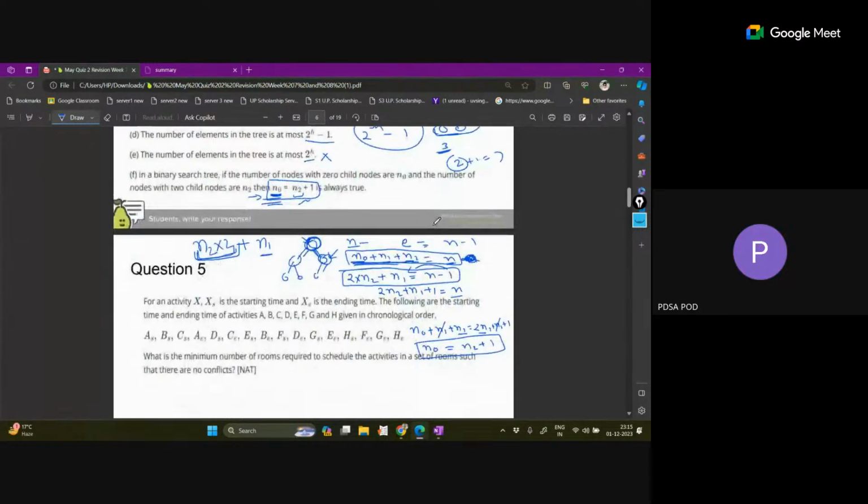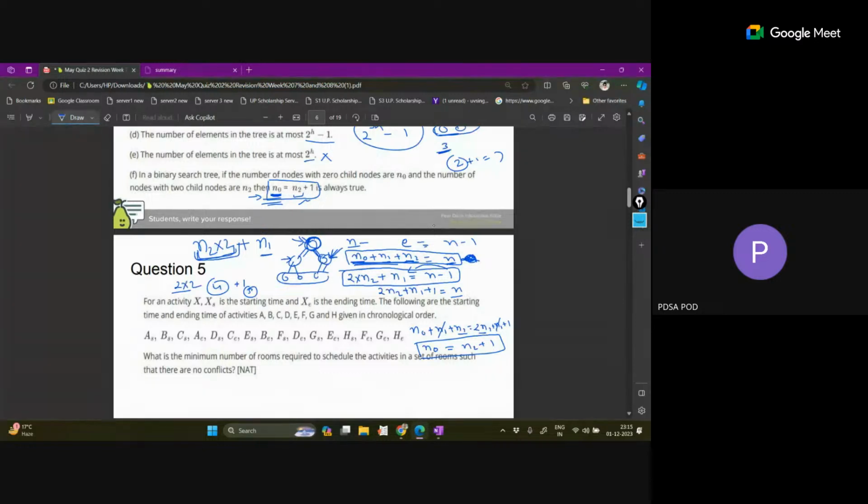If you look at this same tree, how many nodes have 2 children? This is 1 and this is 1. So we can calculate the number of edges as 2 into 2, which is 4. And how many nodes have 1 child? Only this 1. So plus 1. And the others are leaf nodes, so there is no edge connected below them. So in total we get 5 edges.